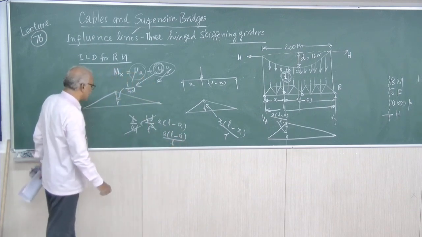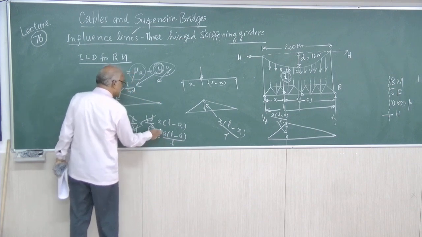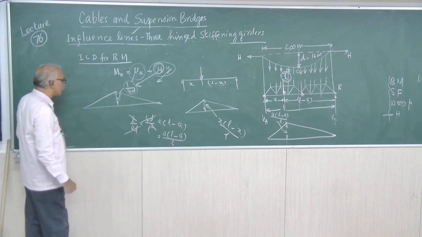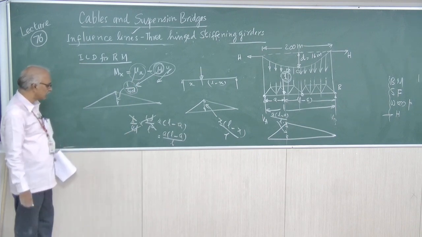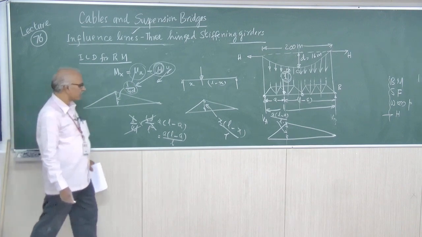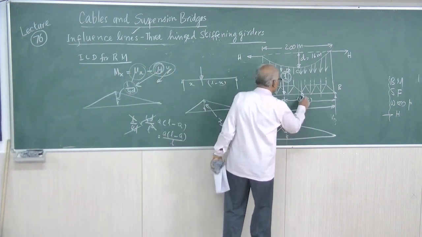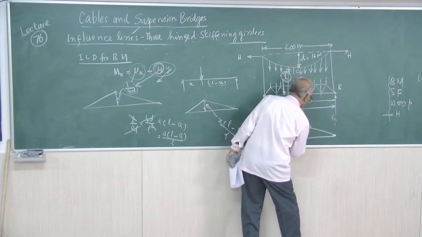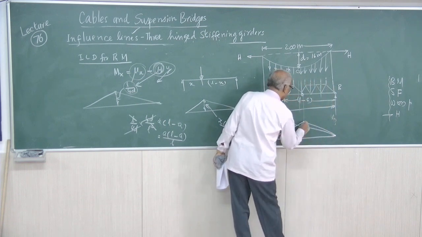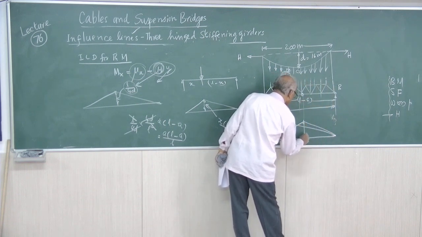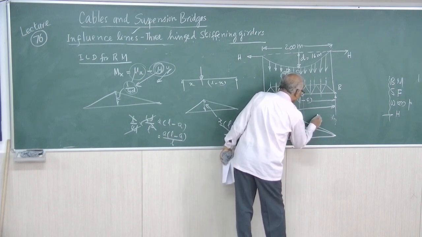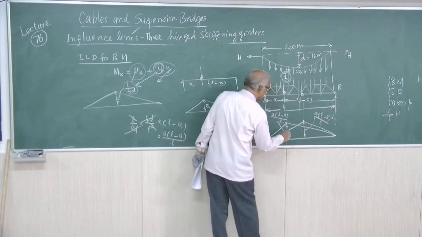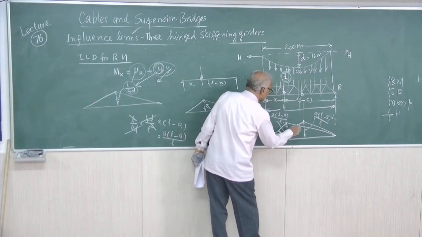That ordinate is at the center because H is maximum at the center. Therefore, that into y gives A into L minus A by L. Therefore, minus H into y, at the center, this value is also equal to A into L minus A by L. So this is plus, this is minus.